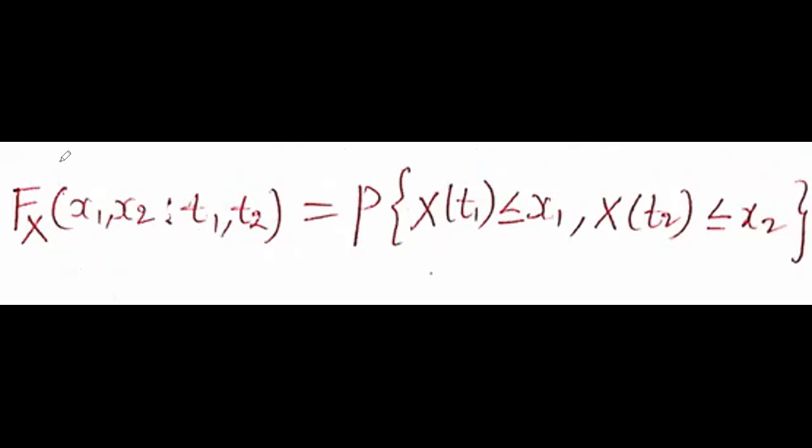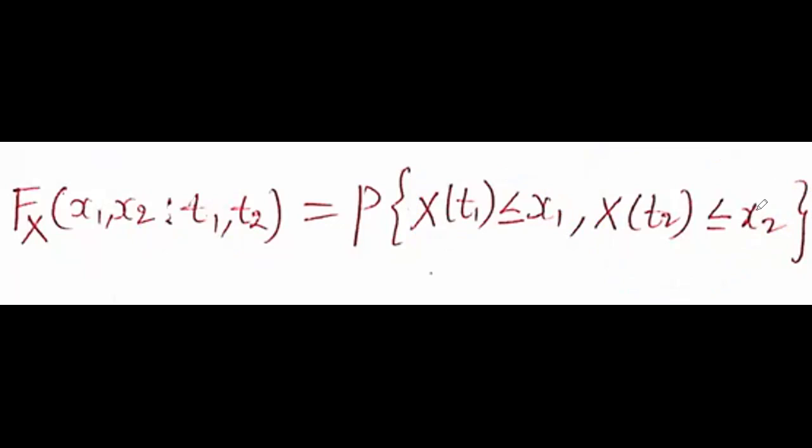So what are the two random variables here? x1 is a random variable and x2 is random variable 2, right? Now t1 is related to x1 and t2 is related to x2. All of you observe here, the event should be taken like this for x1, and in a similar manner the event of the function X(t2) is less than or equal to x2.